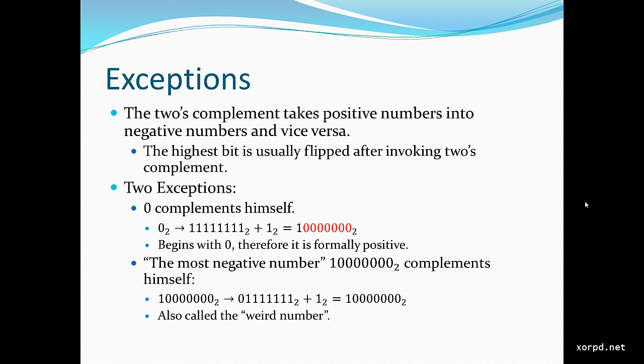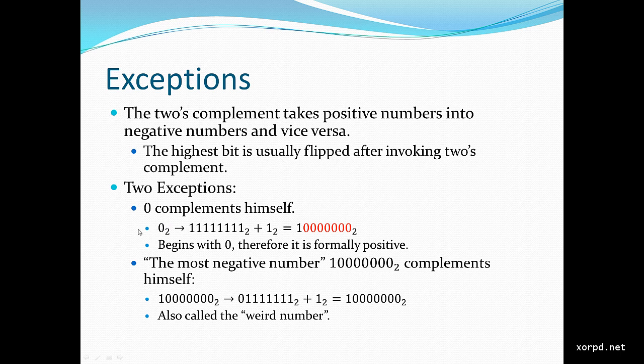If we look at the number 0, an interesting thing to see, maybe for example here if we work in the world of 8 bits, 0 complements itself. 0 is going to complement itself in the world of every number of bits. This is pretty interesting.